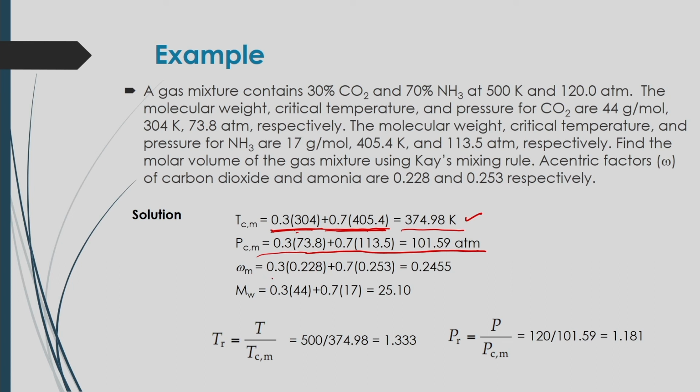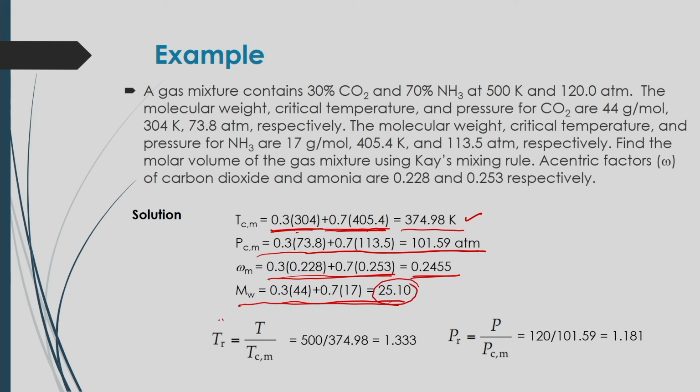The eccentric factor you also calculate in the same way: multiply each eccentric factor with the respective mole fraction and add it up for all the gas components, then you will get the eccentric factor here as 0.2455. Similarly, the mixture molecular weight is calculated based on the molar concentration, so it will be 25.10.